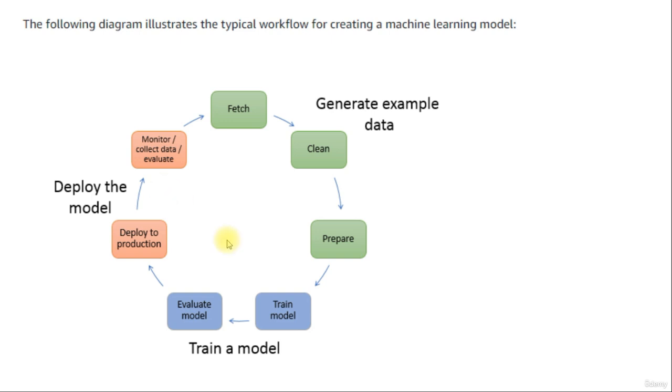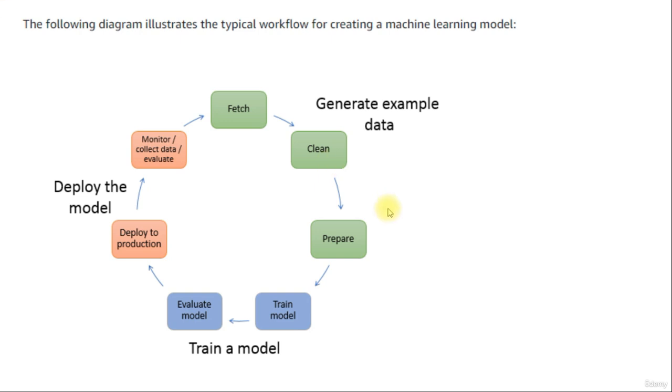Otherwise, you have a hyperparameter optimization or hyperparameter tuning step, in which you tweak the hyperparameters of the model in order to increase its accuracy. So those are all the steps involved, and finally you go to your deployment or production environment. All the steps involved in the machine learning life cycle can be performed using the AWS SageMaker service.